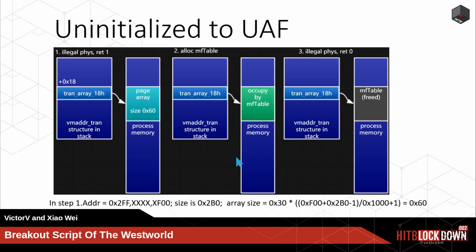Here are the details. Firstly, we give a wrong physical address, like this. Then the translation function will allocate a heap with size 0x60 and assign it to field 18H, and the heap will be freed in the release function.